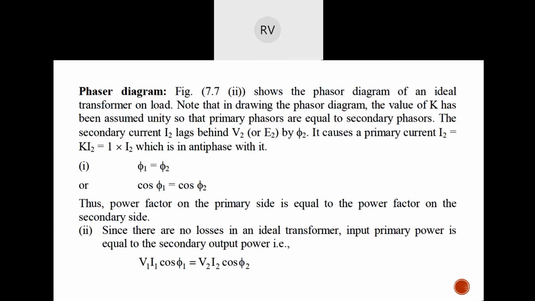The secondary current lags behind E2 by phi 2. It causes a primary current I1 which is in anti-phase with the secondary current. So phi 1 equals phi 2, that is cos phi 1 equals cos phi 2. Thus the power factor on the primary side is equal to the power factor on the secondary side.